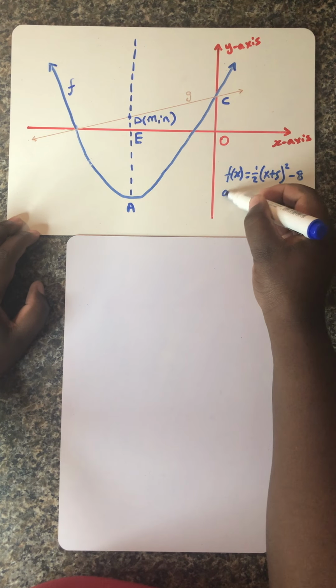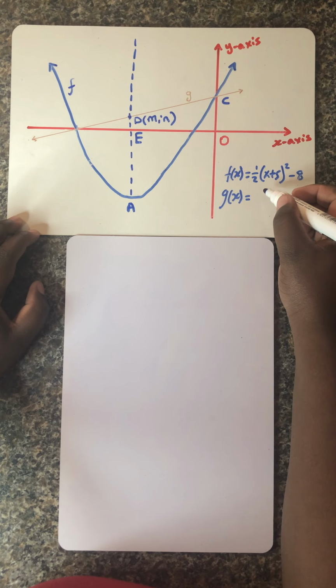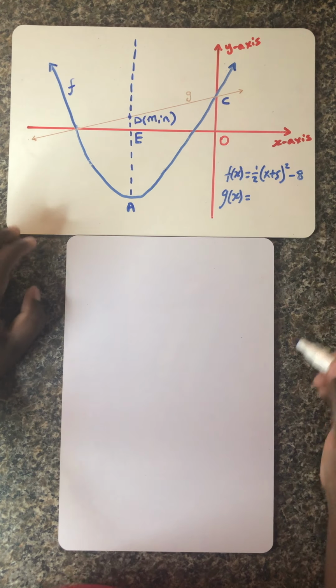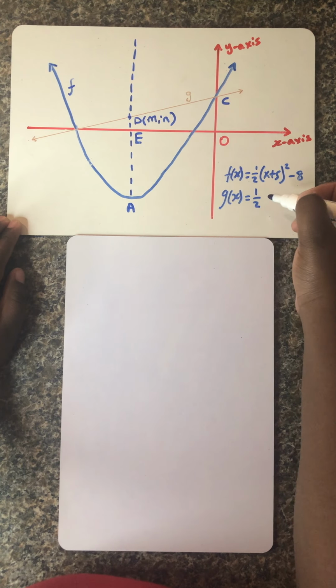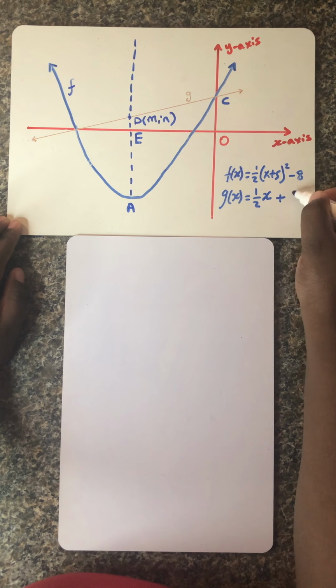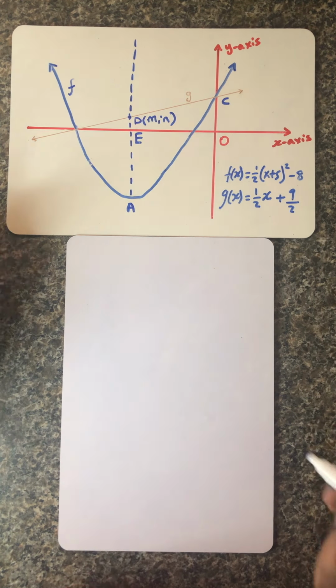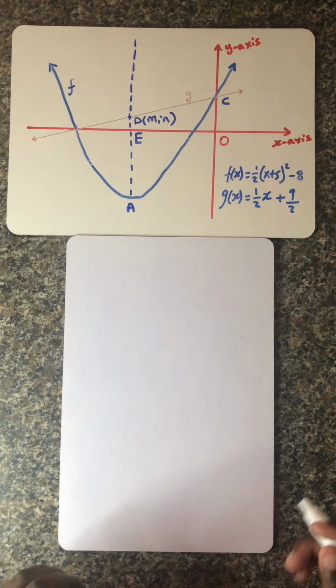And we also have the graph of g, which is also 1 over 2 x plus 9 over 2. Let me just quickly confirm I've got it correct. Yes.